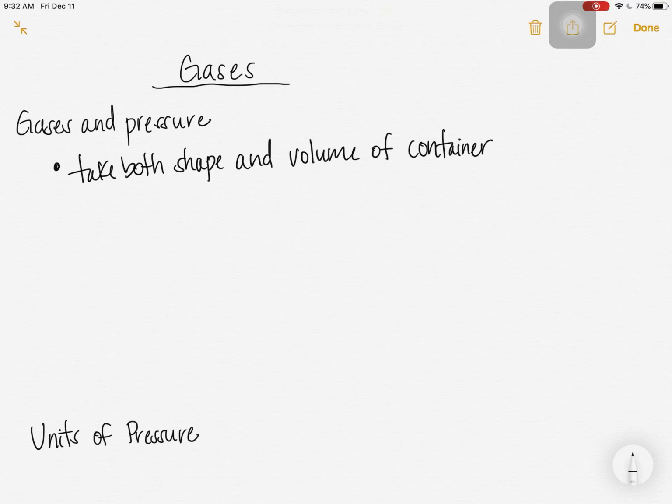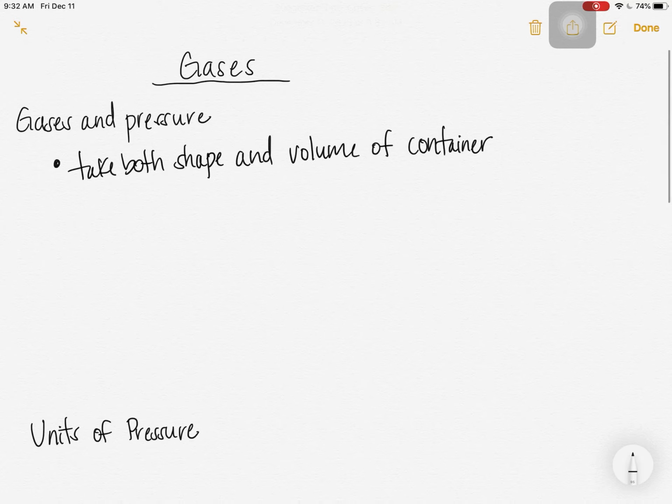That's different from solids, who do neither of those things. Solids have a definite volume and a definite shape. Liquids have a definite volume, but they take the shape of the container you put them in. Gases take both the shape and the volume of the container.